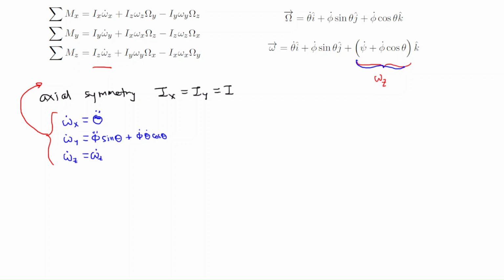But also, we need to carefully plug in for capital omega sub x, capital omega sub y, and capital omega sub z, which appear in those positions. And it's interesting to notice here that the lowercase omega is the same as the capital omega, except there's an extra term here. That is the psi dot.